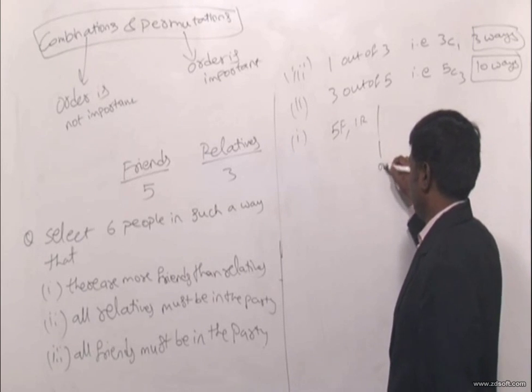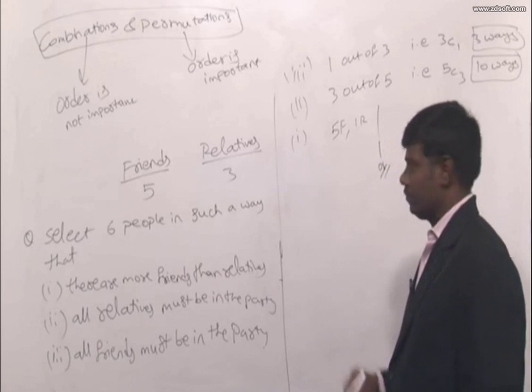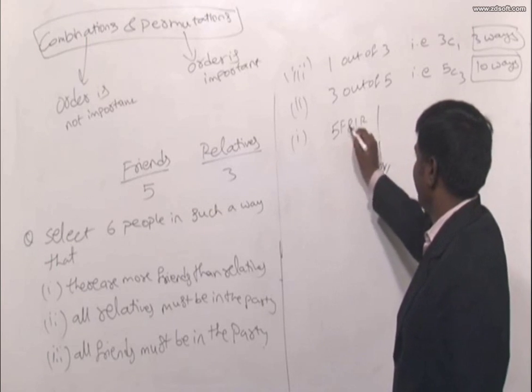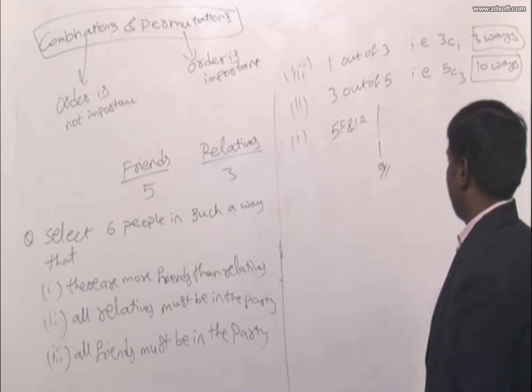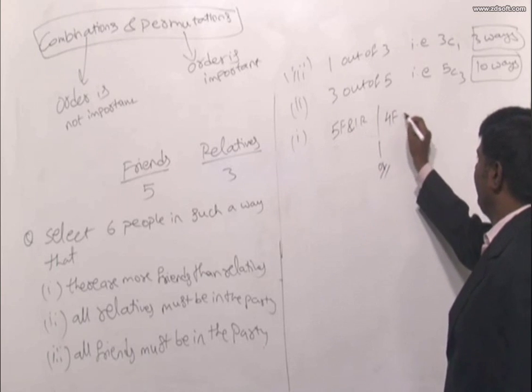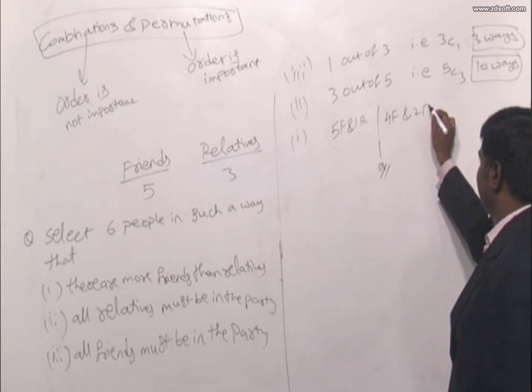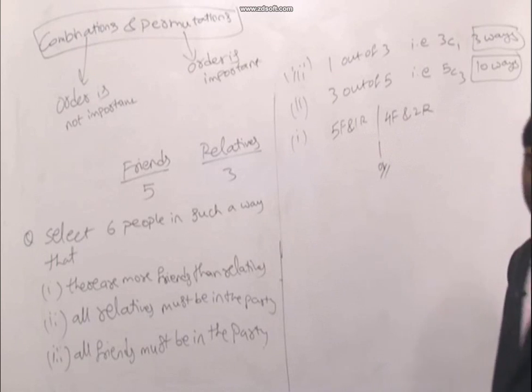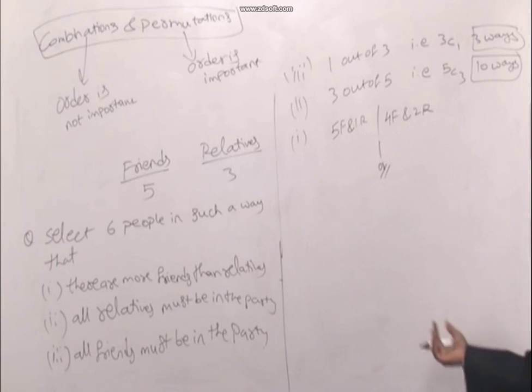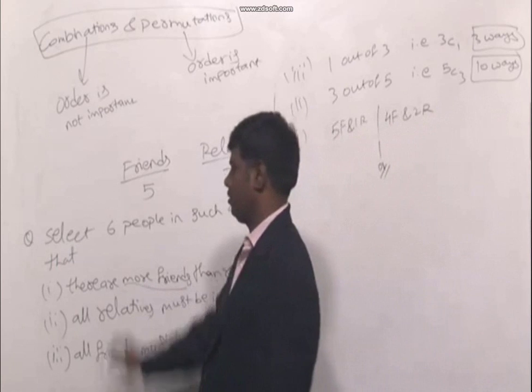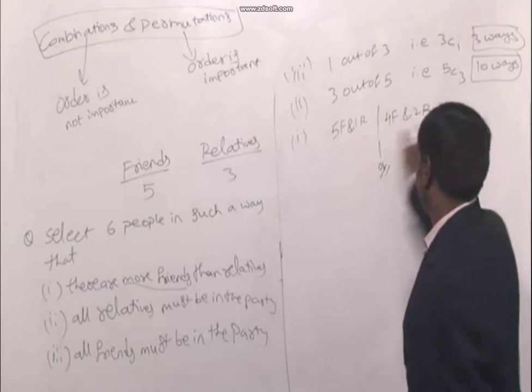This is possible. Or I would say 5 friends and 1 relative. Or 4 friends and 2 relatives. Is there any other possibility? 3 friends, 3 relatives? Not possible, because more friends than relatives. This is possible or this is possible.